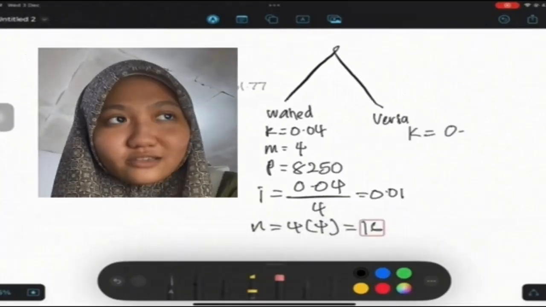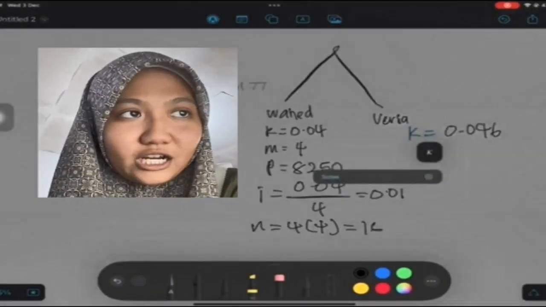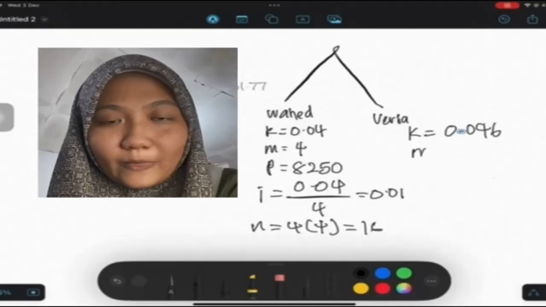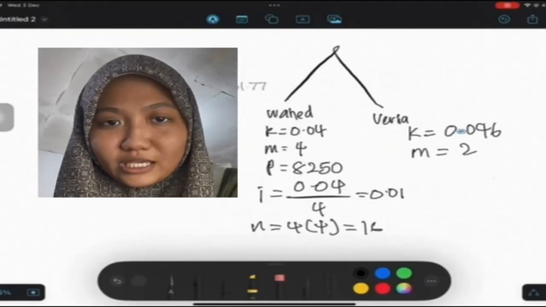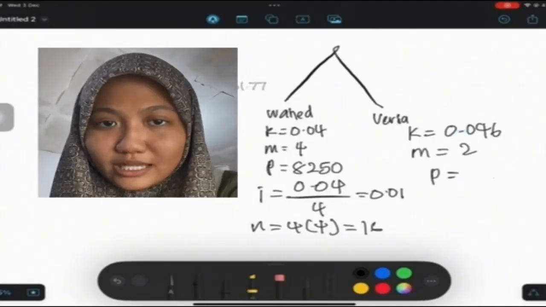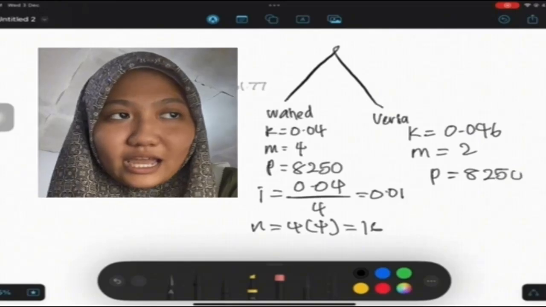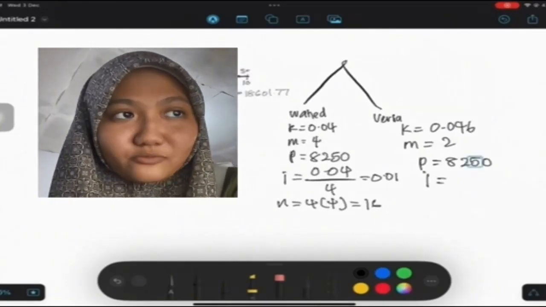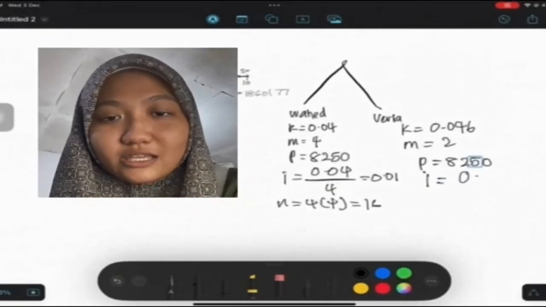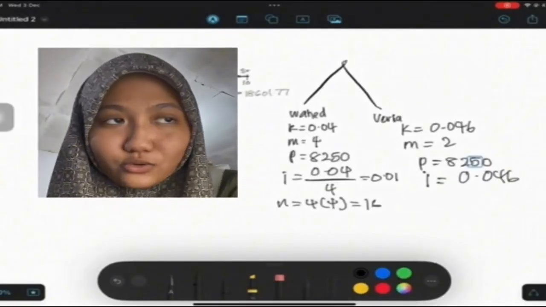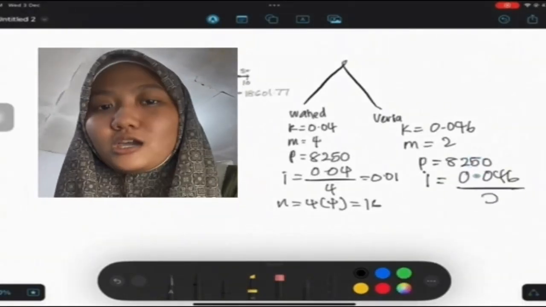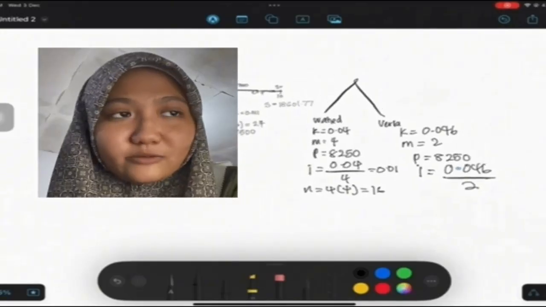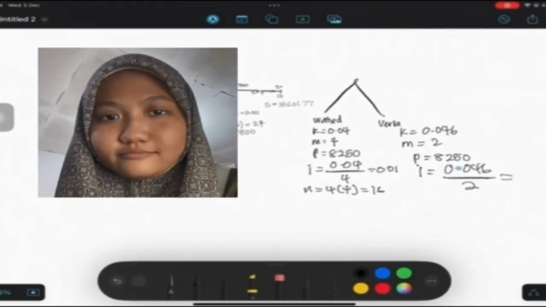Based on the question, Versa Fund offers an interest rate of 4.6% and it's compounded semi-annually. P is 8,250. I is K divided by M, which is 0.046 divided by 2, which is equal to 0.023. And N is 2 times 4, which is equal to 8.